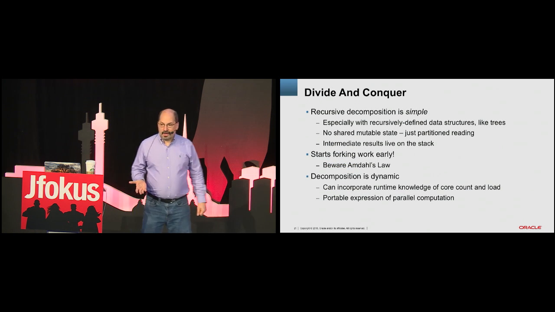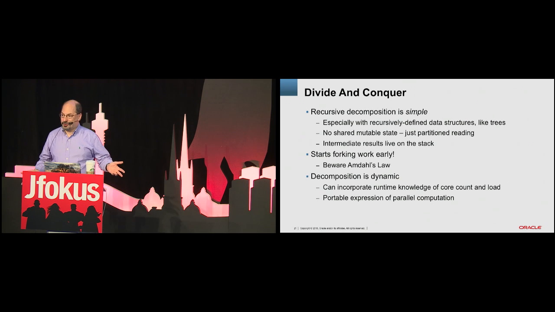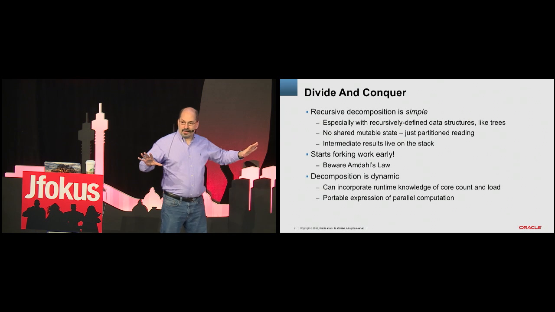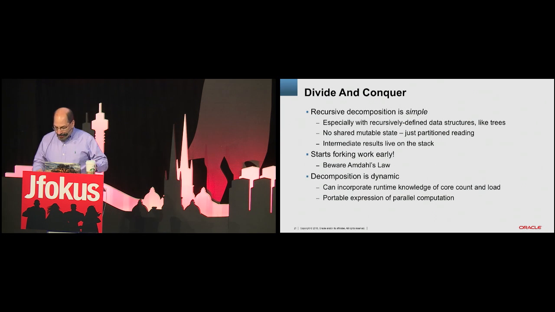It's fairly easy to read, and if your problem is already defined recursively, like you're doing a search on a tree, it's even more natural. We don't have any shared mutable state because we've partitioned the data set that we're operating on. And one of the other things that this structure of computation gives us is it allows us to start keeping those cores busy early. Right?